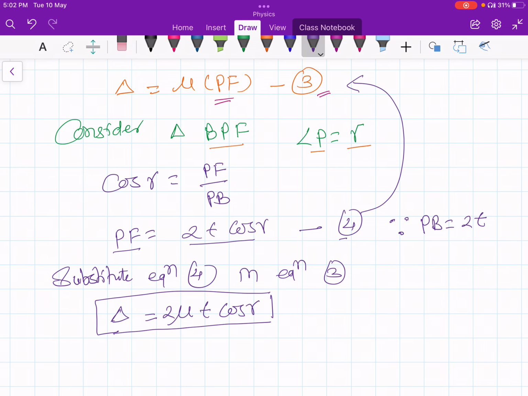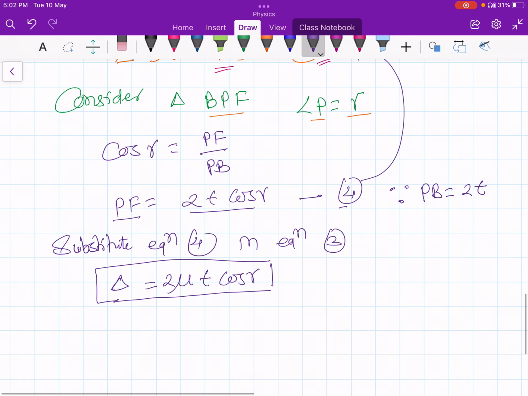But here we must note that when light is reflected from the denser medium, what happens?